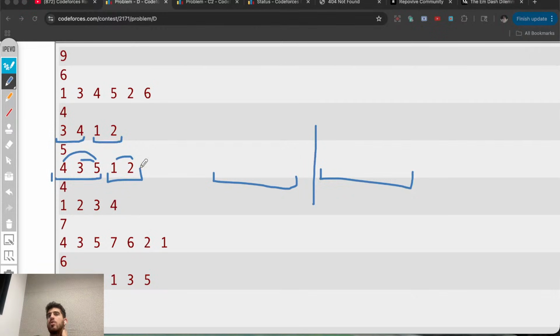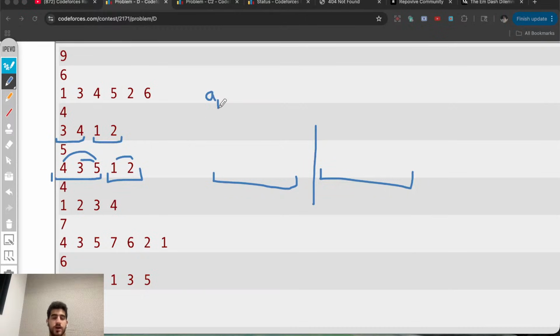So the whole point is that at the end, our numbers will be in consecutive ranges. I mean, our intervals. Let me see if I can show it this way.